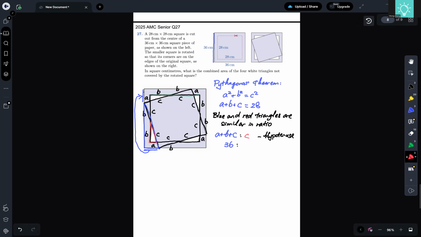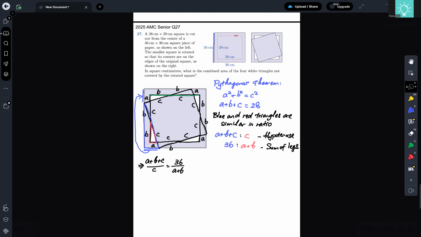That's just A plus B. So this is the sum of the legs. And because these two triangles are similar, I can conclude that these two ratios are equal to each other. So the ratio of the hypotenuse is equal to the ratio of the sum of these legs.